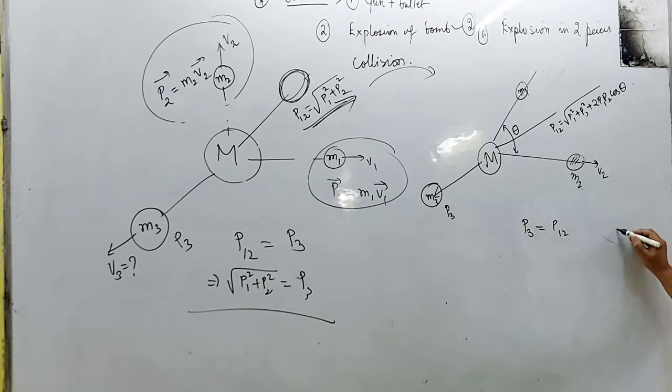If we do not know the velocities V1 and V2, we cannot find out your V3. They will be giving at least two velocities, and the remaining velocity should be found out.